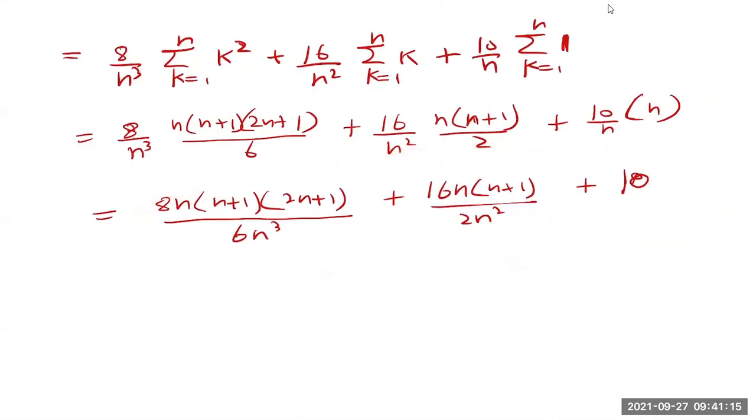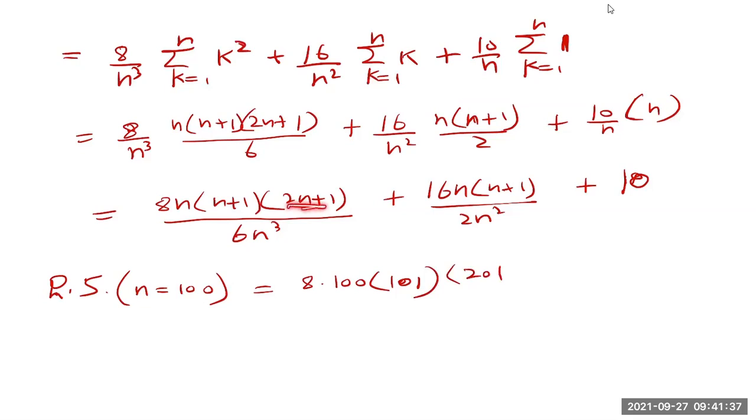I'll write the right sum with n equal to 100. I plug in 100 in this formula: 8 times 100 times 101 times 201, because 2 times 100 plus 1 is 201, divided by 6 times 100 cubed.